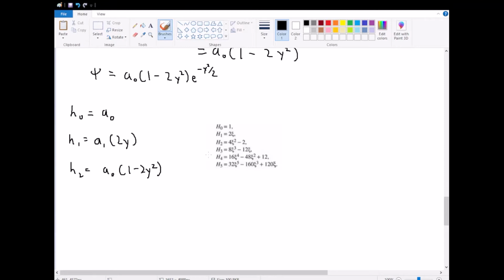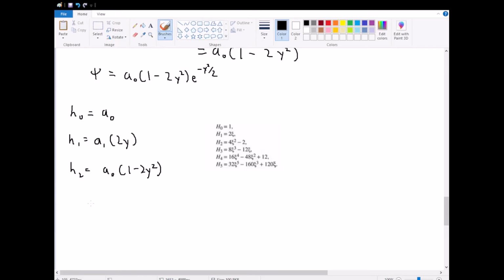The Hermite polynomials themselves aren't too important, but what is important is that this gives us a method to write out a general solution for psi n using the analytic method, whereas before, when we were using the algebraic method, we were forced to apply raising and lowering operators multiple times in order to get the higher states.